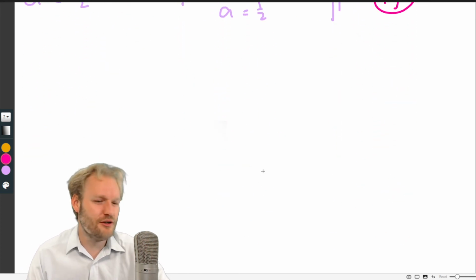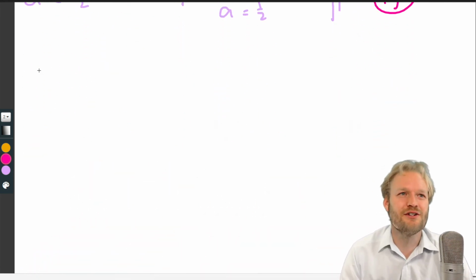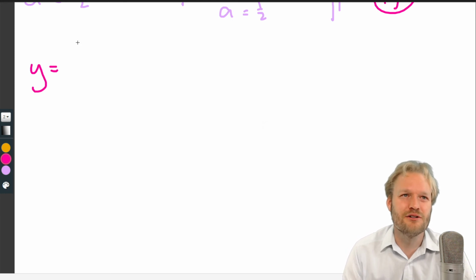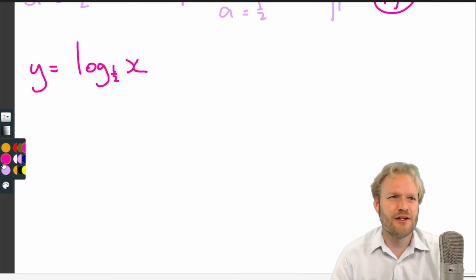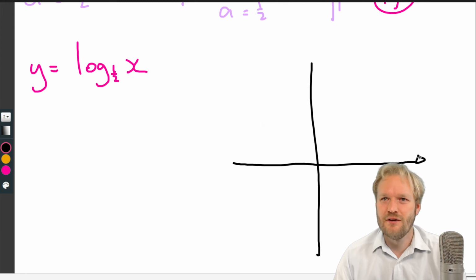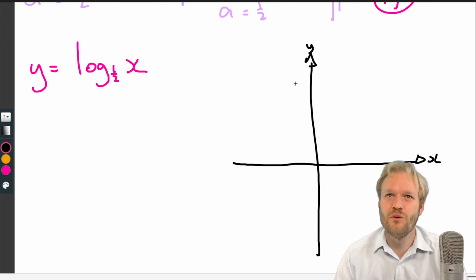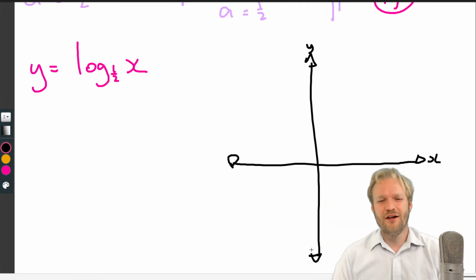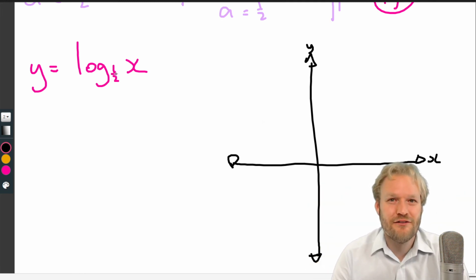So now what we know is that f is y equals log base a half of x. Now let's run through this, and I'm going to take you through. So x, y, Cartesian plane ready to go. We've got a base of a half.